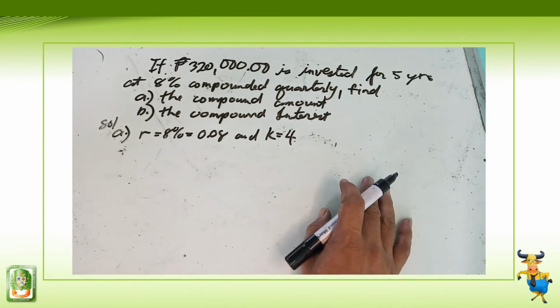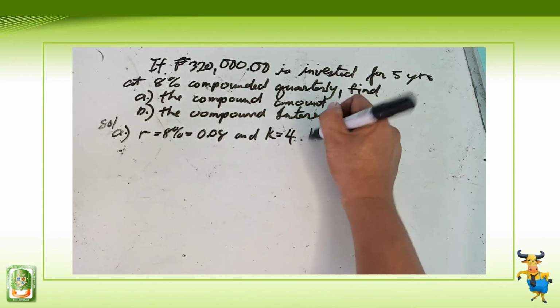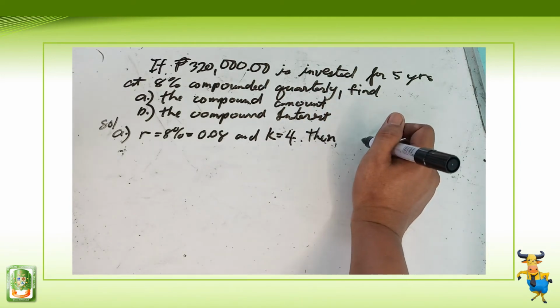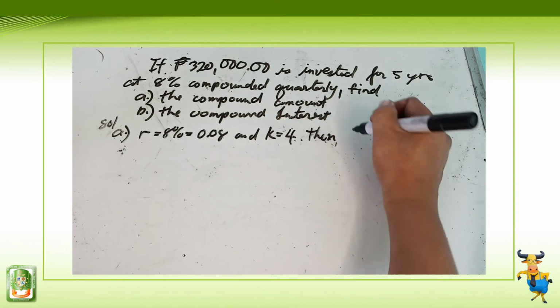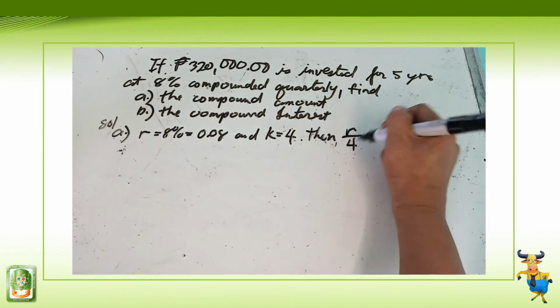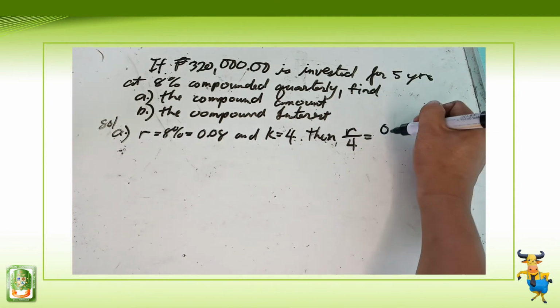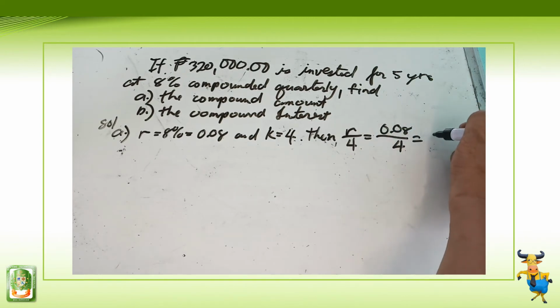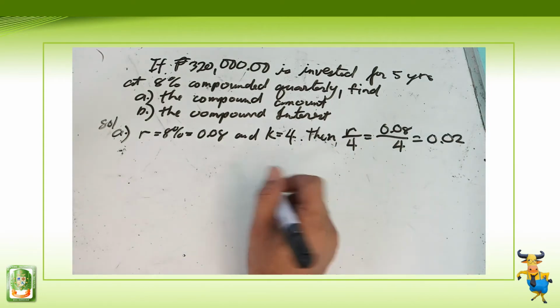Kasi meron tayong 4 na quarterly. So, then rate over 4 is equal to 0.08 over 4 is equal to 0.02.